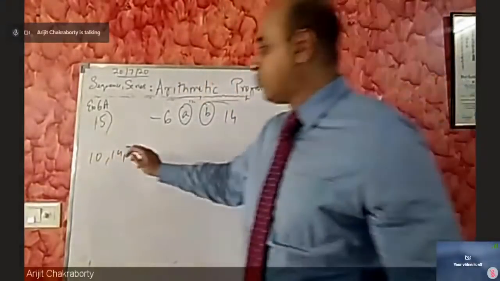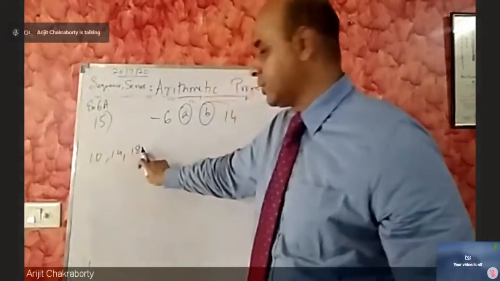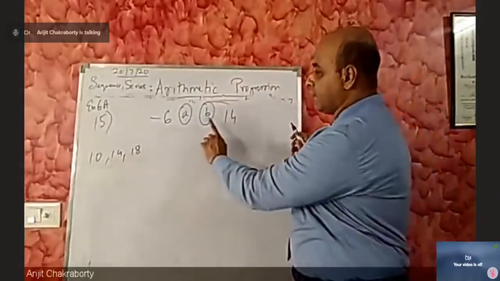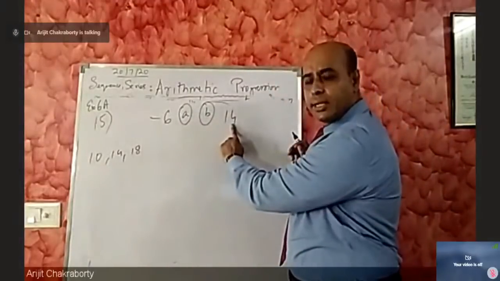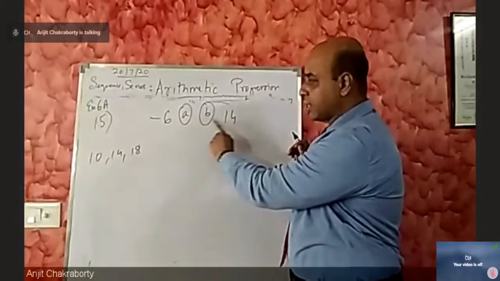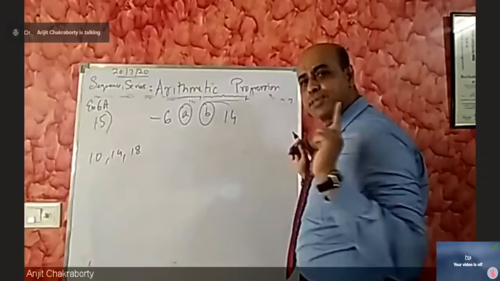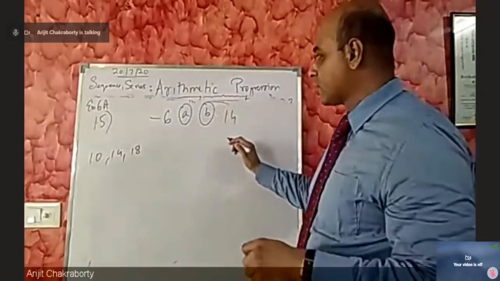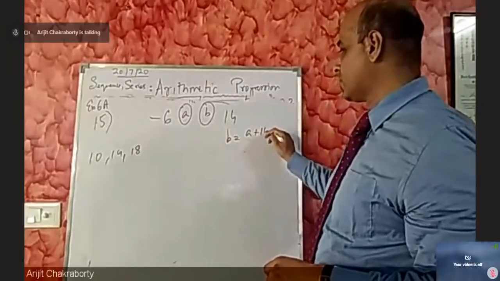Okay. So 14 is the average of 10 and 18. 14 is the mean between 10 and 18. So can I say that B is the mean of A and 14? Can I say that? B is the average of A and 14? If so, then I get the equation B equal to A plus 14 by 2.